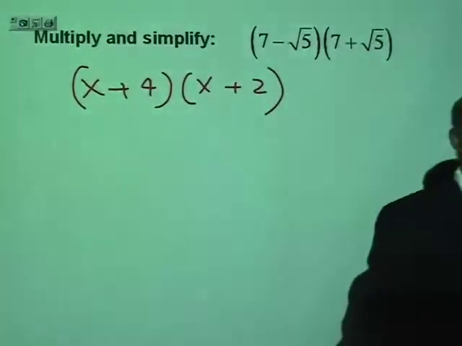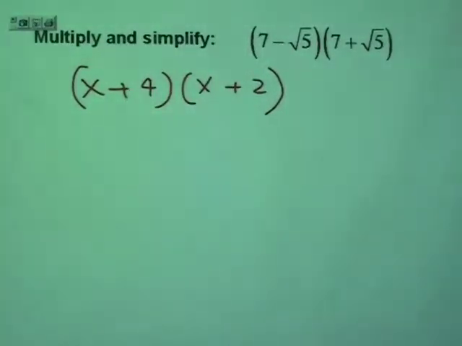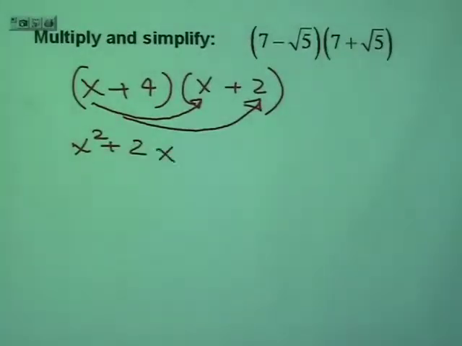Okay, I'm going to do that. Alright, that is, now what's my arrows that I'm doing? X times x is x squared, x times positive 2 is 2x, plus 4 times x is plus 4x, and plus 4 times positive 2 is 8.